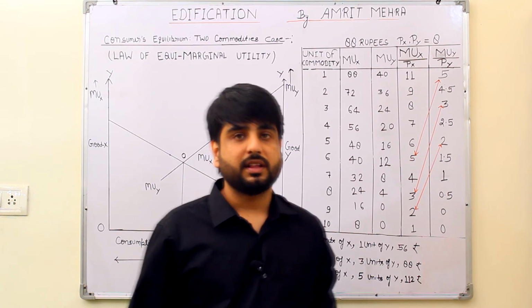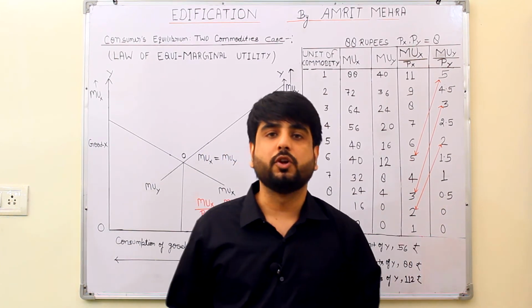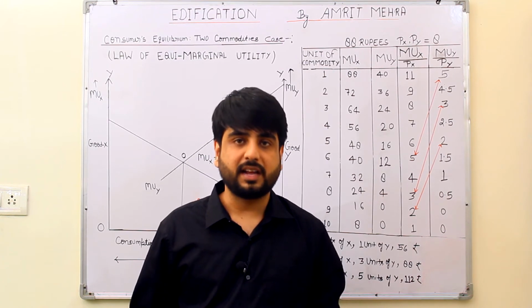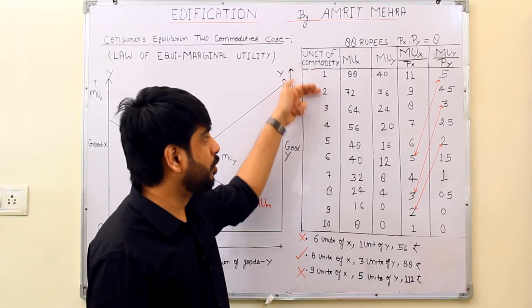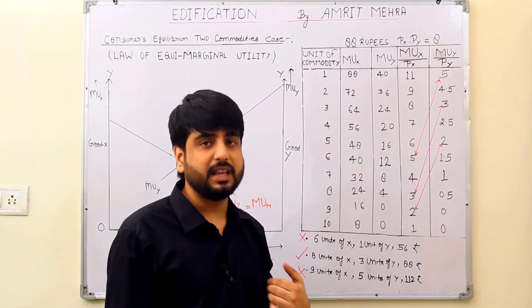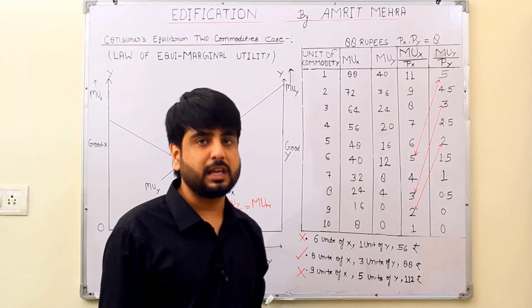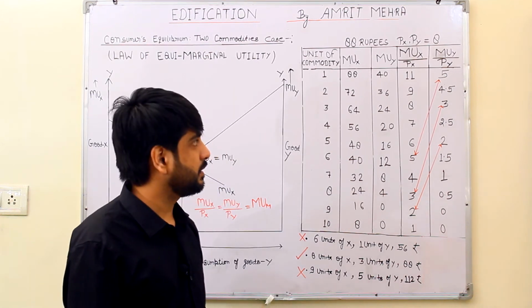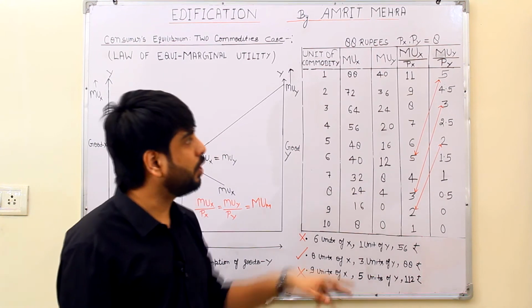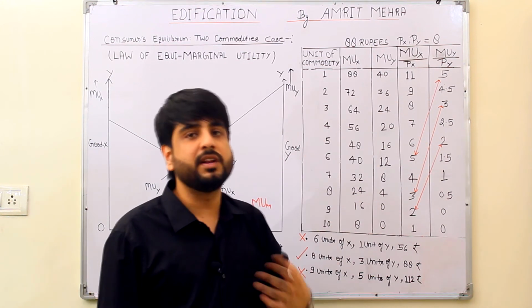They fall because this concept is based upon law of DMU, which states that as we consume more and more units of a commodity, the satisfaction that we derive from each successive unit keeps on decreasing. We made MUX column, MUY column. You can also add two more columns which are generally not given in the book.